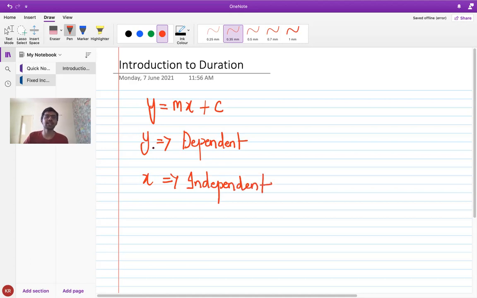The reason y is called the dependent variable is because the value of y is dependent on the value of x. And x is called an independent variable because the value of x is going to be random.